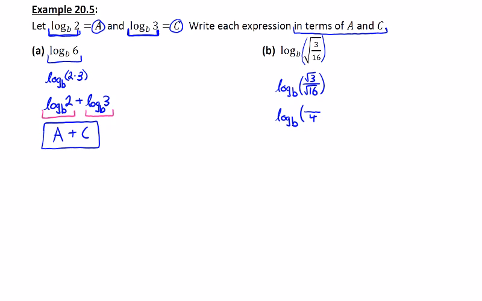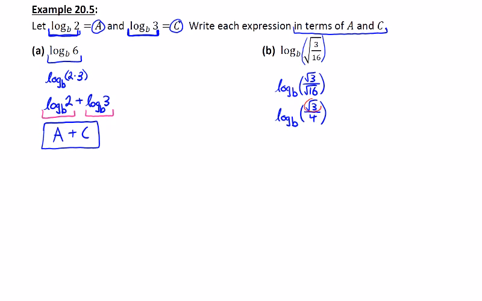But since the numerator does not have a nice square root for 3, I'm just going to leave it represented as the square root of 3. And that would be as far as I could take the simplifying of the operations that are in the argument, which is the radical, and then I can't do anything with the division as far as simplifying. But I can get into expanding now.